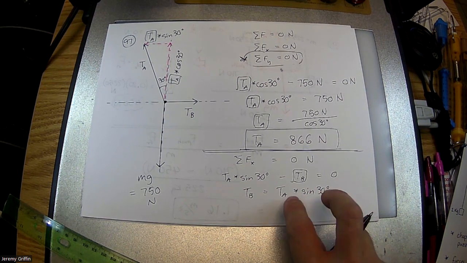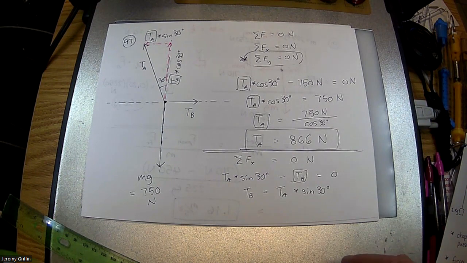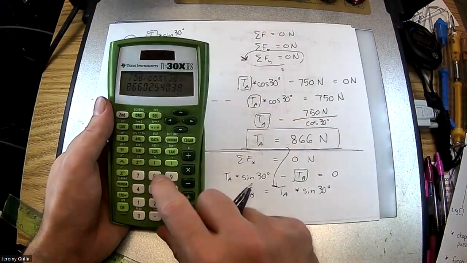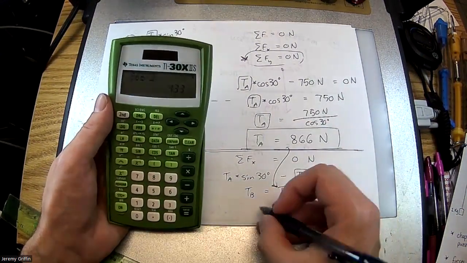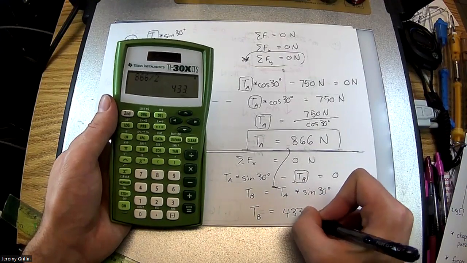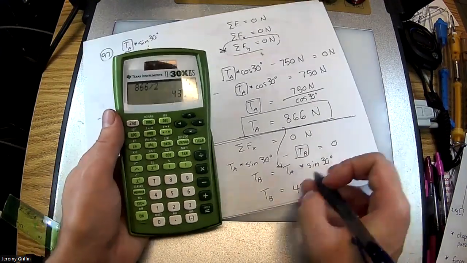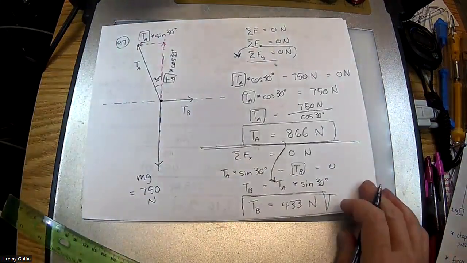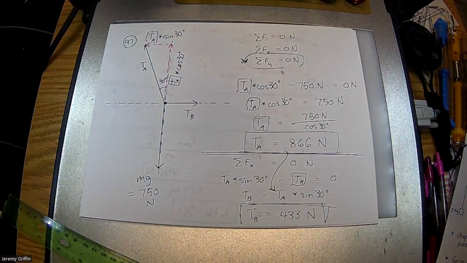So whatever tension A was, it's just half of that. Pop this right here: 866 divided by 2. Tension B is 433 newtons. All right, you see that?